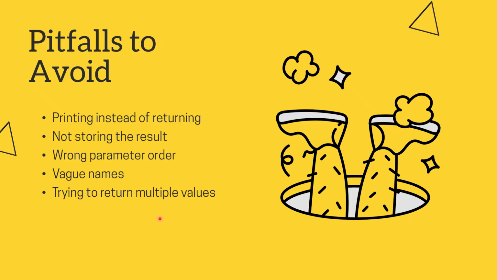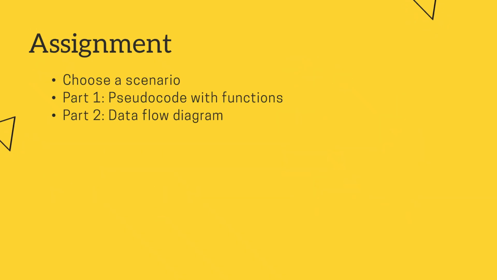If you need multiple results, then return one primary result and then compute the rest in the caller, or write another function. Okay, there's other ways of doing it as well, but I want you to keep it simple. So in the assignment, I'm going to give you a few scenarios, and you're going to choose one of those scenarios.